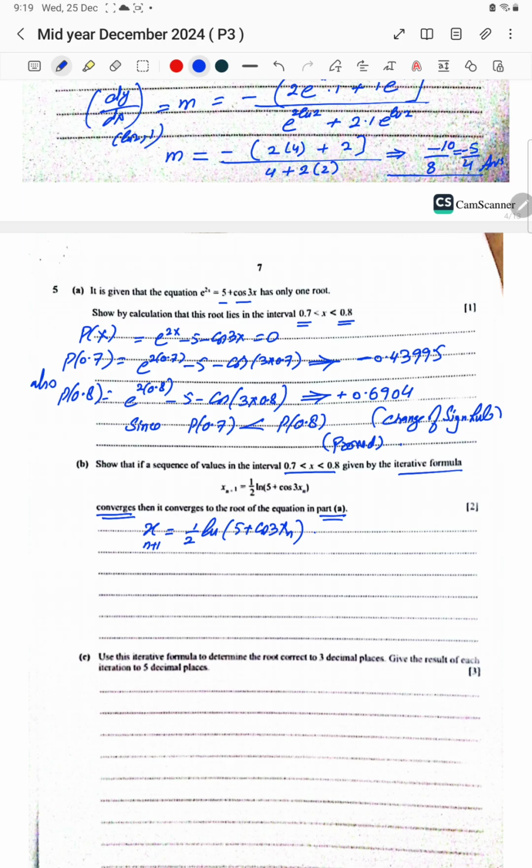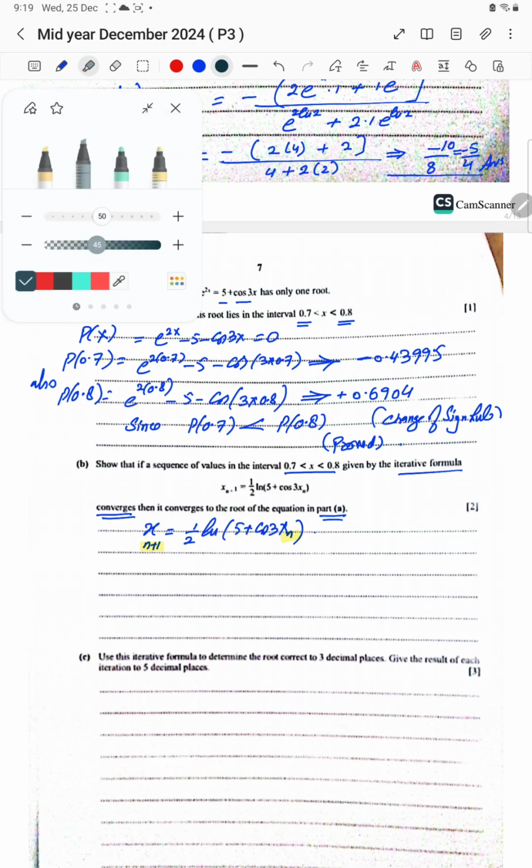So whenever such kind of questions come for the convergence, we need to eliminate first these subscript values n plus 1 and n, and let the terms be in simple order. After simplifying this, we need to get the equation as shown in part A of the same question.